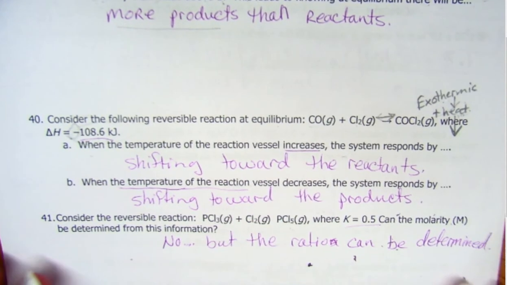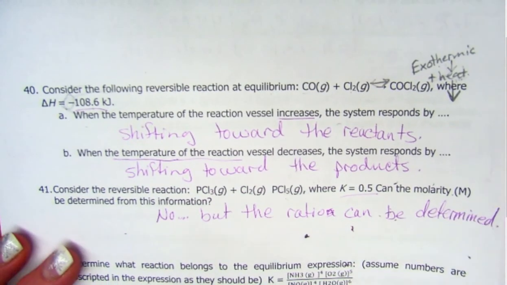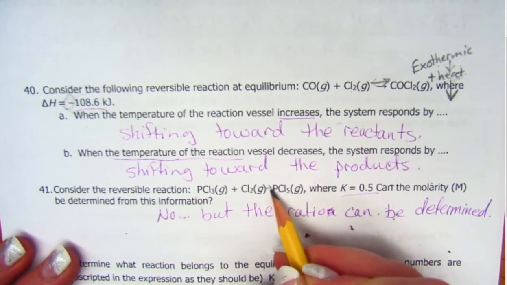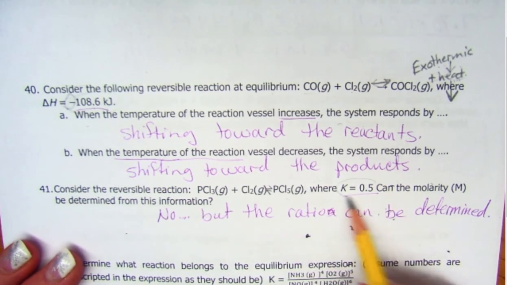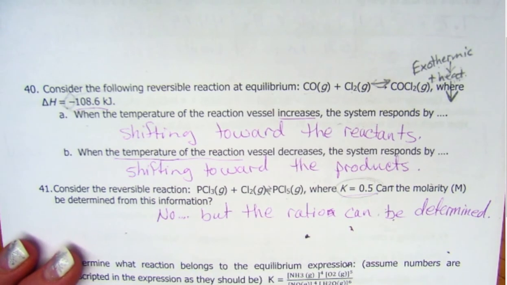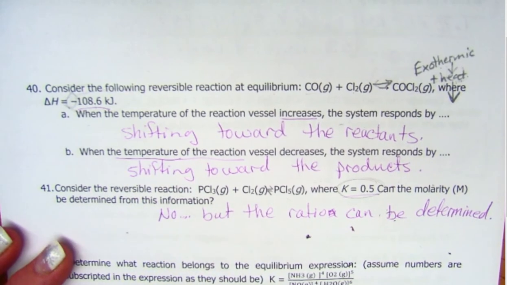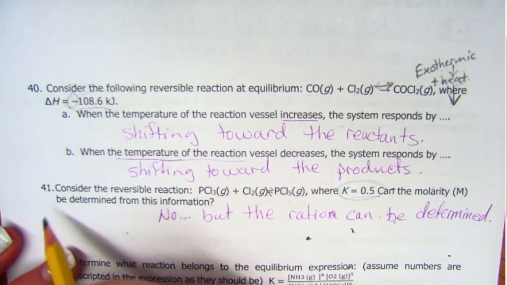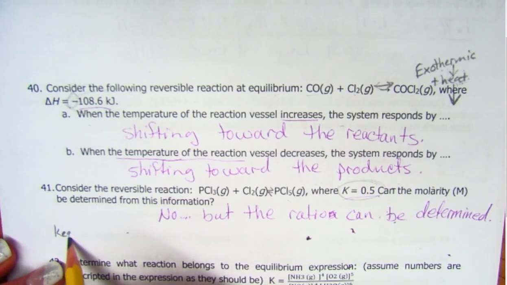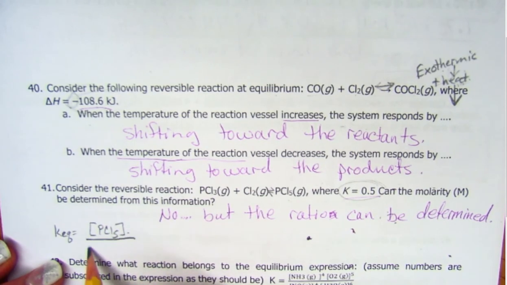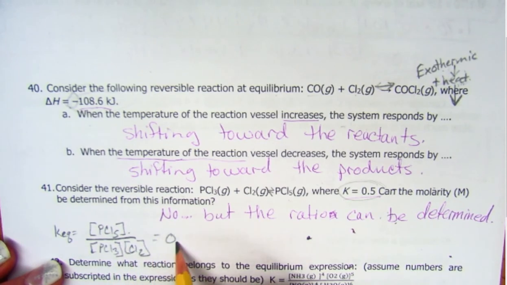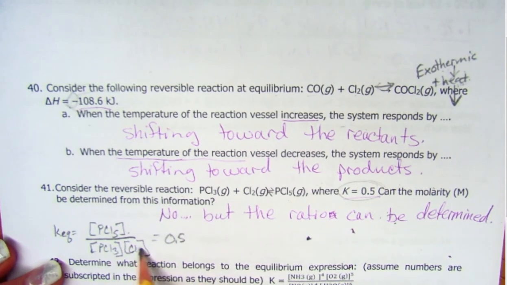Now, you've got a reversible reaction here, and that means this should be like that. I forgot the arrow, sorry. So where the K is very, very small, can the molarity be determined from this information? Well, I can write the Keq, which would be the concentration of PCl5 divided by the concentration of PCl3 times the concentration of Cl2, and I know it's equal to 0.5, but I don't know what these numbers are.